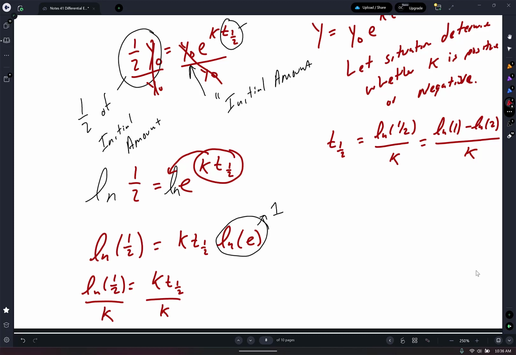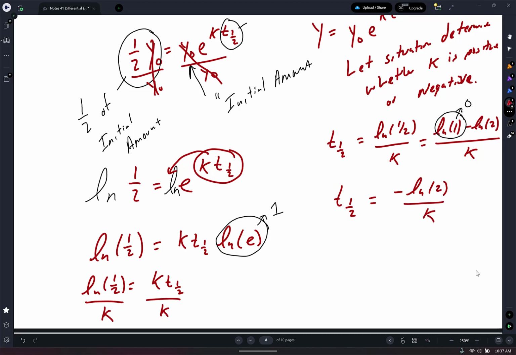Are we still okay? Ours is going to differ a little bit from the formula with a negative, because we're letting the situation determine what K is. So here it is: t subscript 1/2 equals, what's ln of 1? 0. So it's going to equal negative ln of 2 over k.